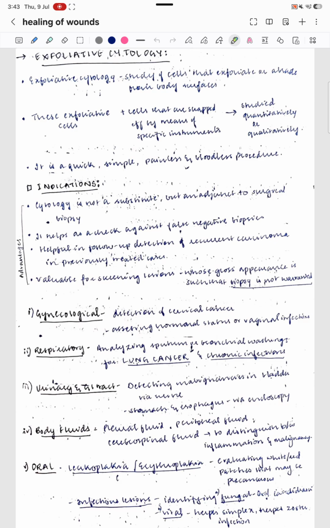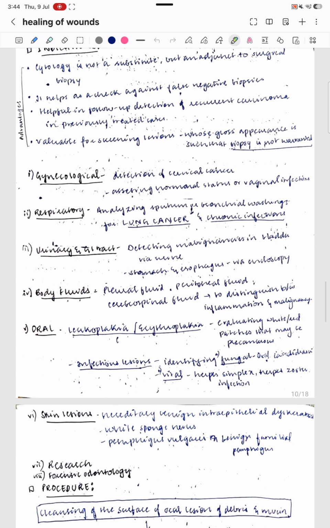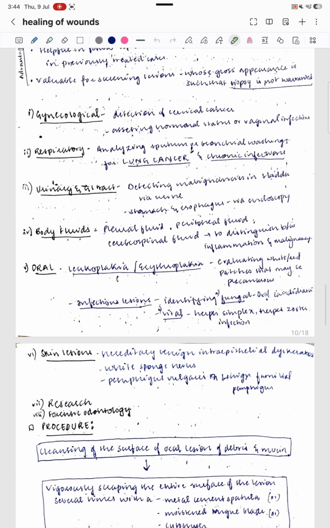Gynecologically, it is helpful in detecting cervical cancer; also respiratory lung cancer, and detecting urinary infections or malignancies. Then in body fluids: pleural fluid, peritoneal fluid, cerebrospinal fluid; then oral leukoplakia, erythroplakia, and skin lesions. Here you use your exfoliative cytology.